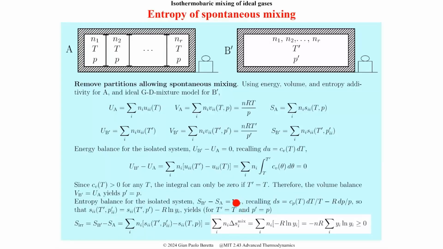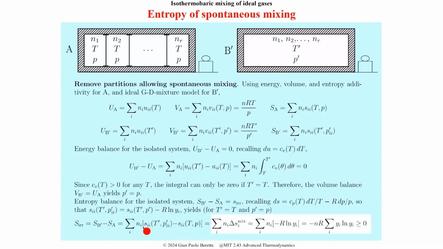But there can be entropy produced by irreversibility. So we rewrite this. So S here is equal to SB minus SA. And I have the terms here. So I substitute.